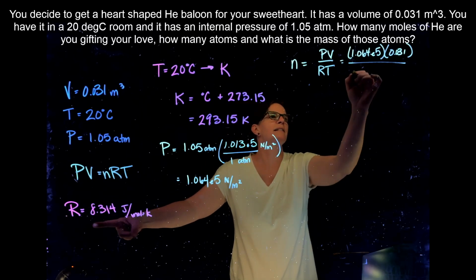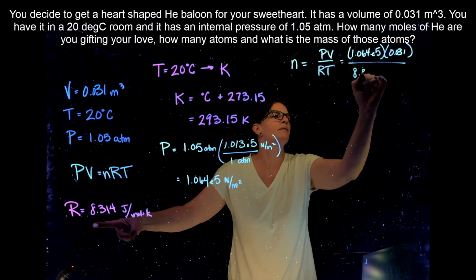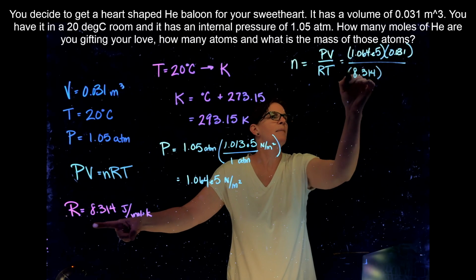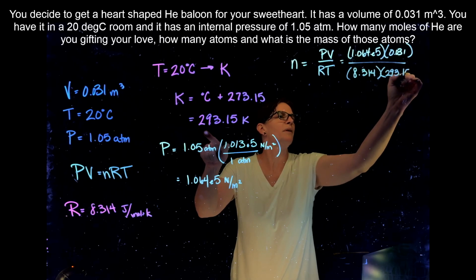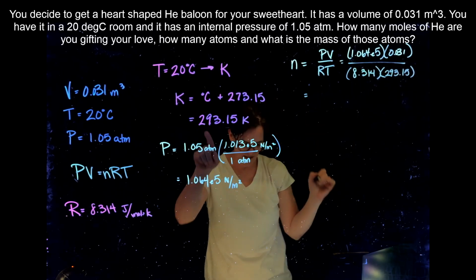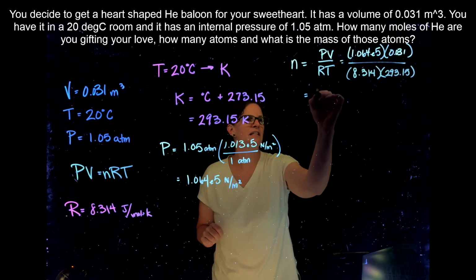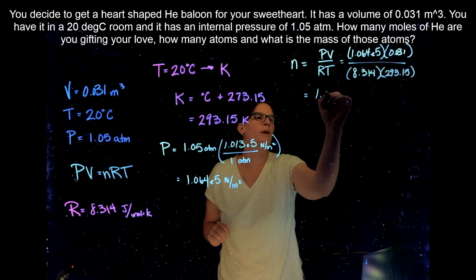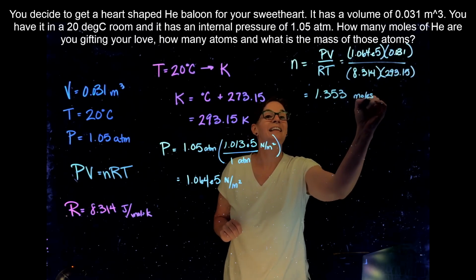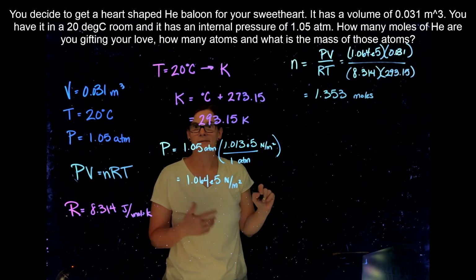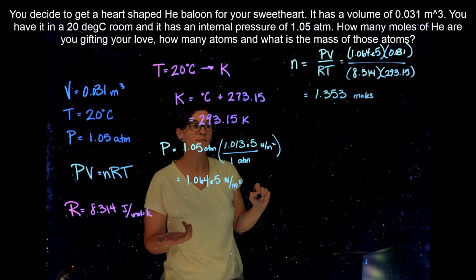R is 8.314. And my temperature in Kelvin is 293.15. So we find the number of moles that we are gifting our love is 1.353 moles of helium atoms. So how many helium atoms are there?